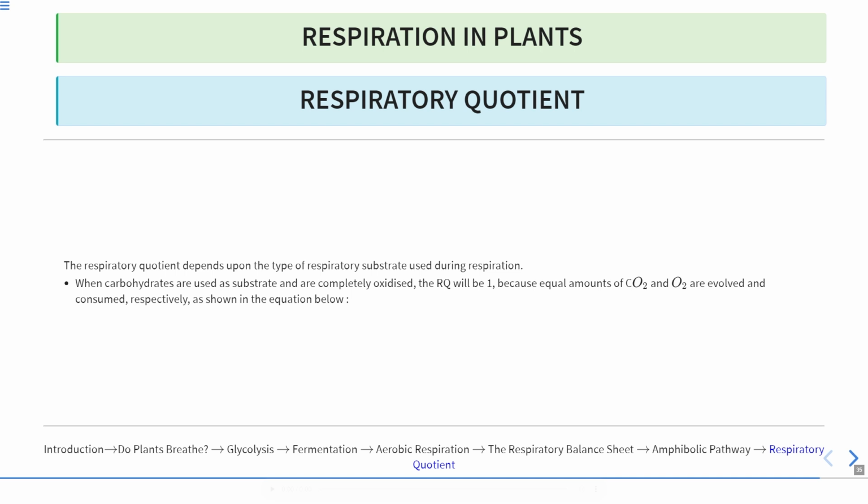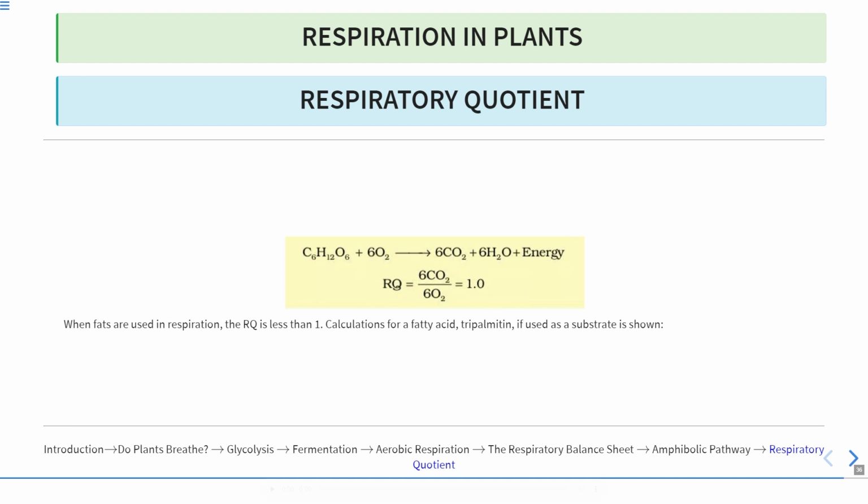Now, when carbohydrates are used as a substrate and are completely oxidized, the RQ will be 1. At that time, RQ will be 1, because equal amounts of carbon dioxide and oxygen are evolved and consumed respectively, as shown in the equation below.